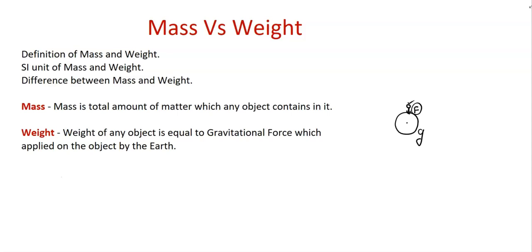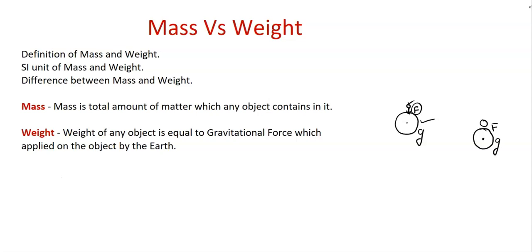The moon does the same thing. If any object is on the moon, then the moon also applies a gravitational force to pull it towards its center due to its gravity. Earth and the moon have different gravity.